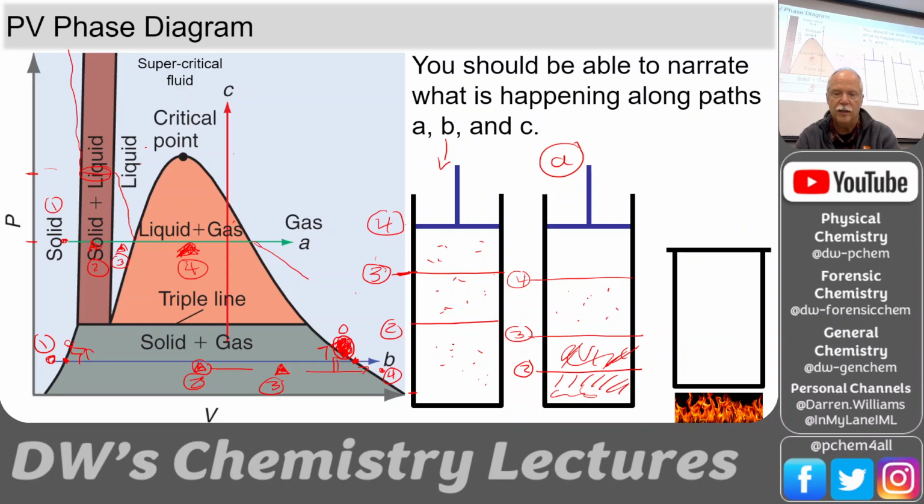I'll just draw some gas up above here. And then we get to 5 when we're all the way into the gas region here at 5. And then we have gas only. And our liquid phases are completely gone. Everything's boiled away, and the piston's only full of gas.